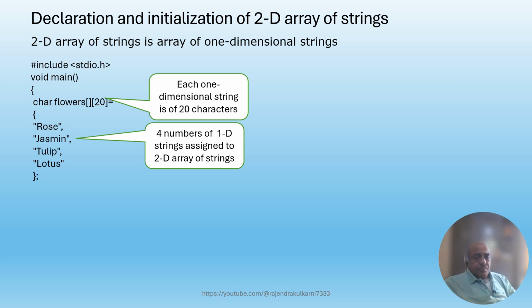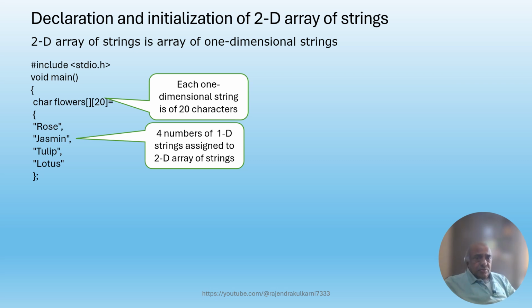Please note, rose is followed by a comma, jasmine is followed by a comma, tulip is followed by a comma, and the last element of that array is lotus, and there is no comma or full stop or anything after that. Then there is a closing brace.